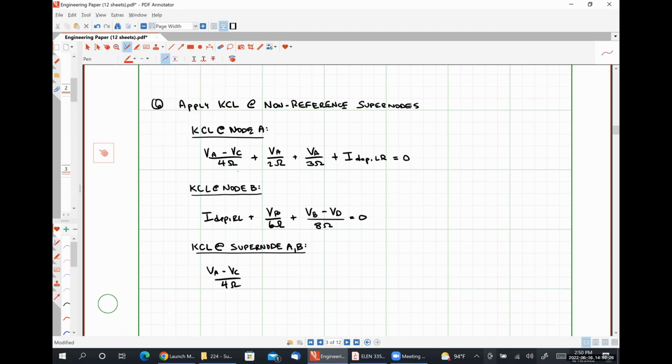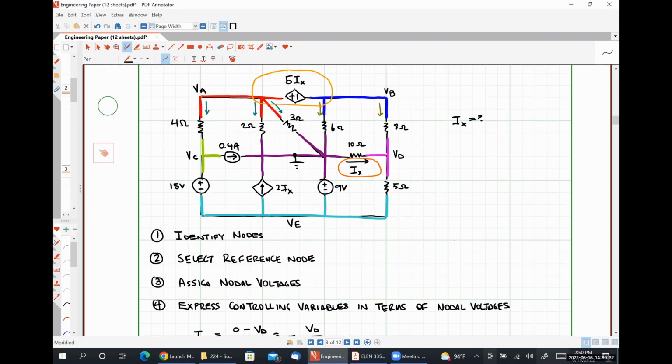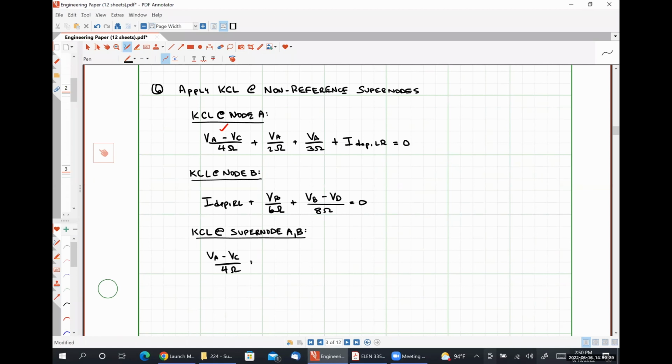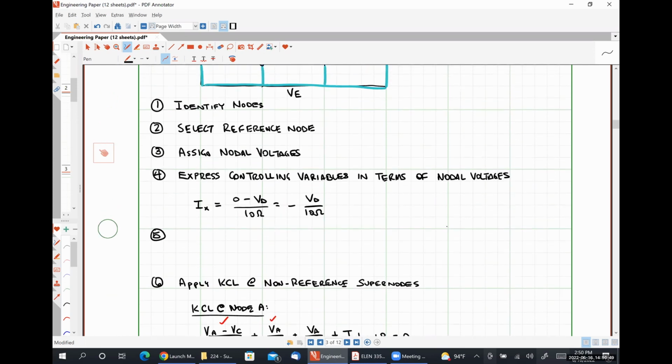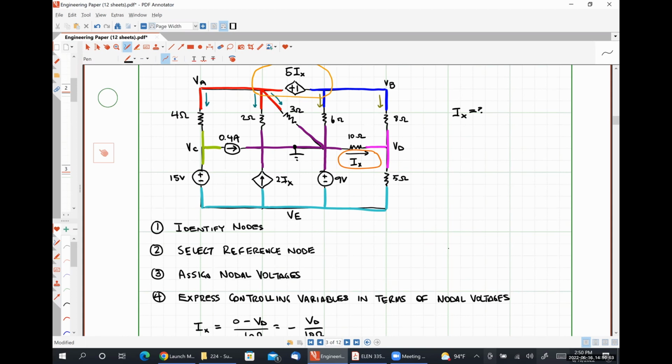So we've included this one. The current flowing down through our 2 ohm resistor, which is VA over 2 ohms. The current flowing diagonally down through the 3 ohm resistor, which is going to be VA over 3 ohms.